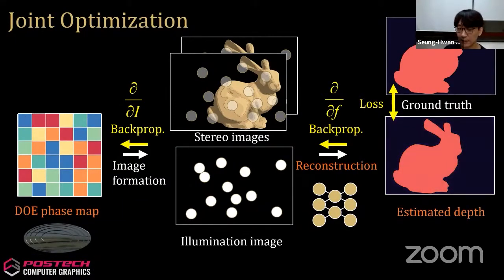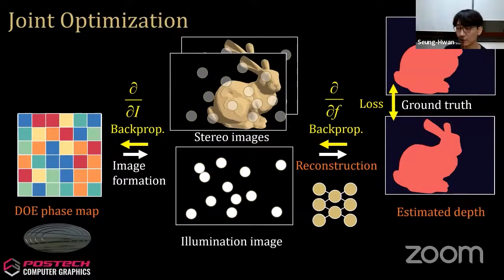The main idea is that given the DOE phase map, we can simulate what kinds of stereo images we are going to capture. Then we have a reconstruction neural network that estimates the depth information for these stereo images.